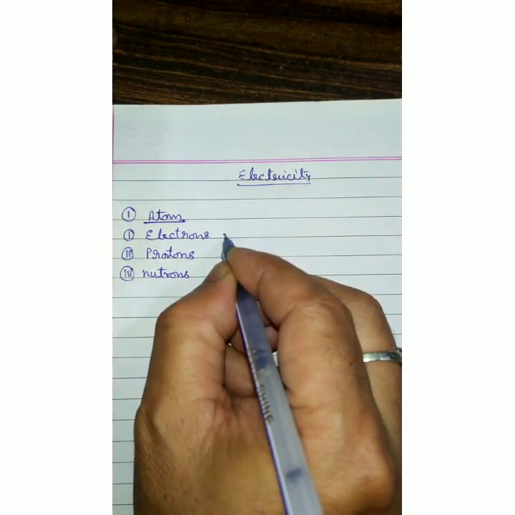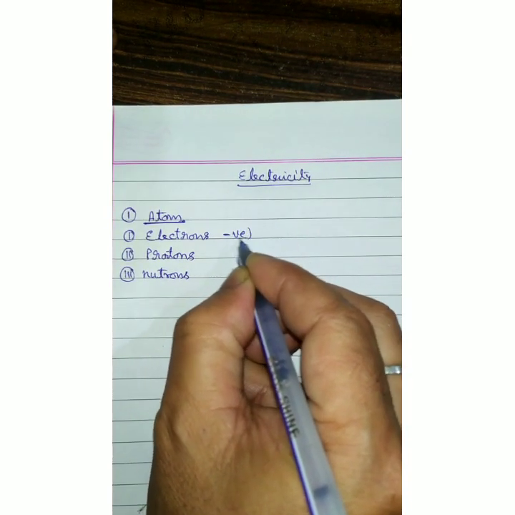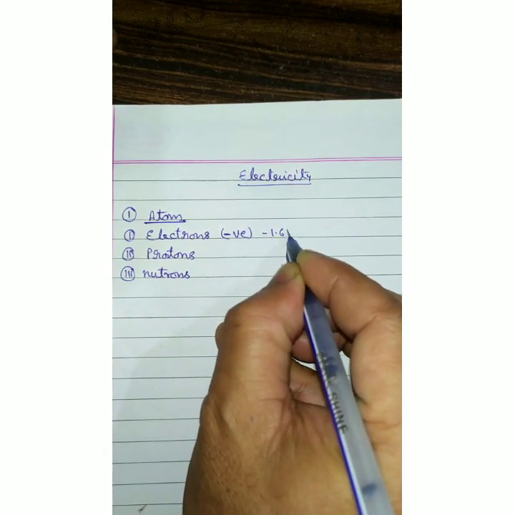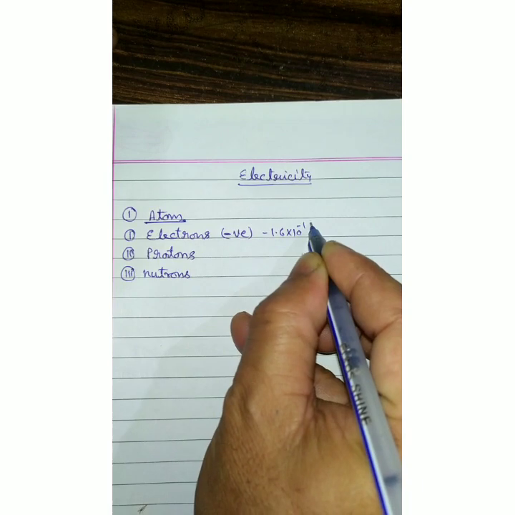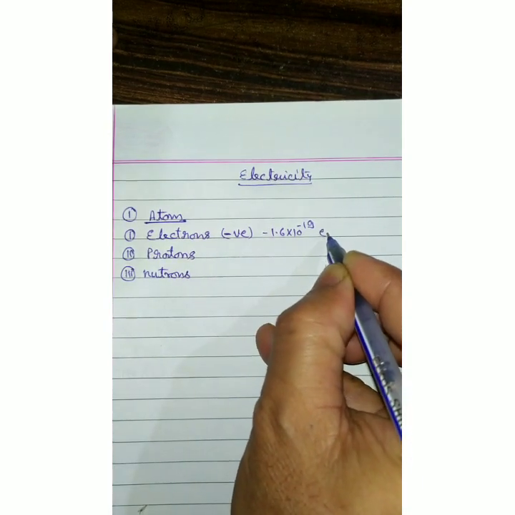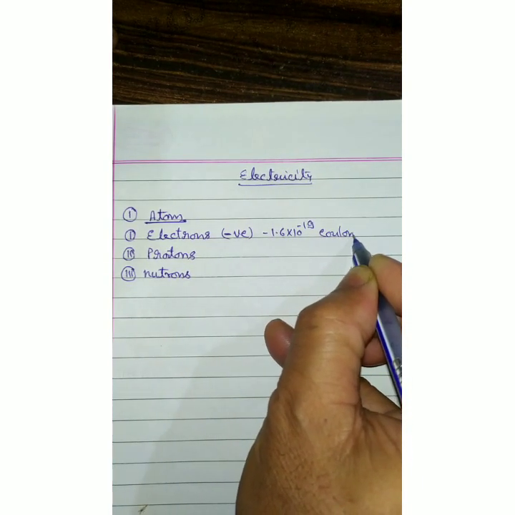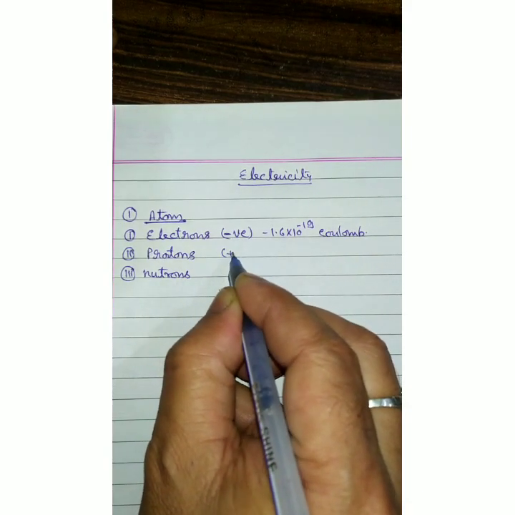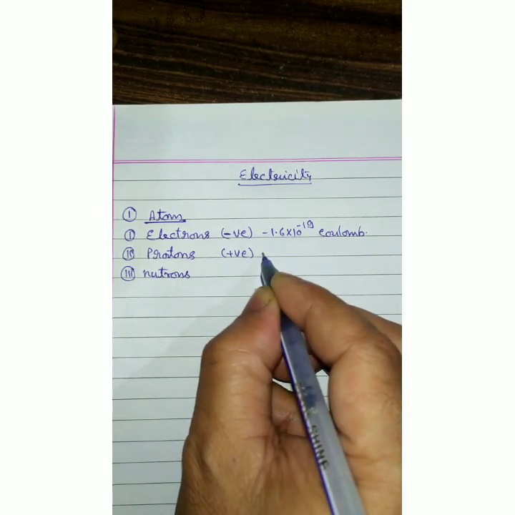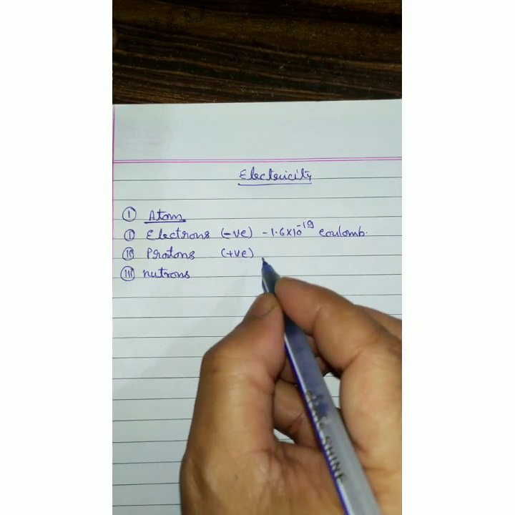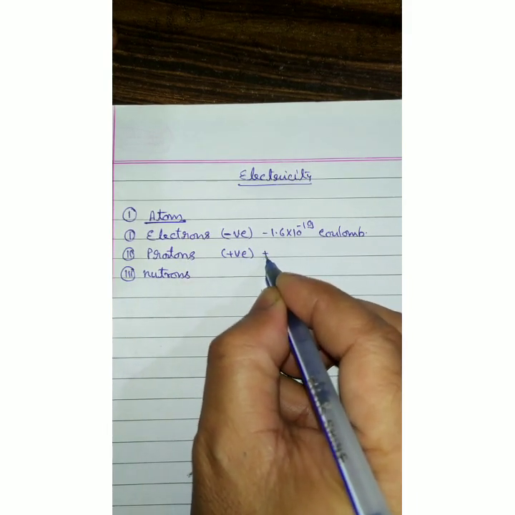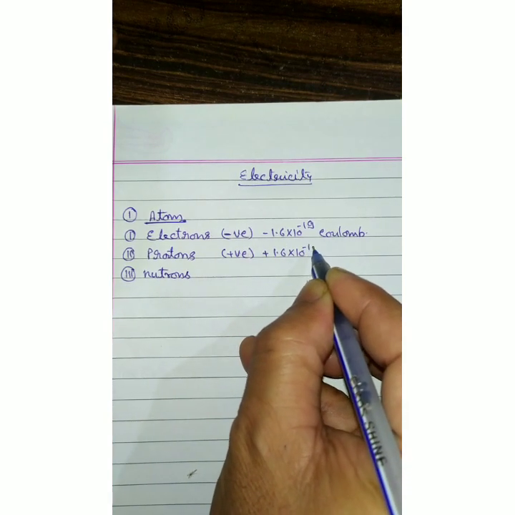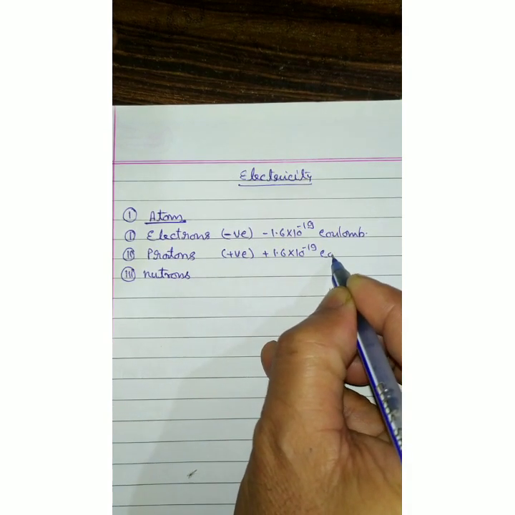Electrons are negatively charged particles and carry a charge of minus 1.6 into 10 to the power minus 19 coulomb. A proton is a positively charged particle and carries plus 1.6 into 10 to the power minus 19 coulomb charge.